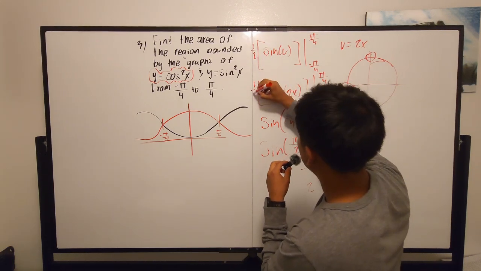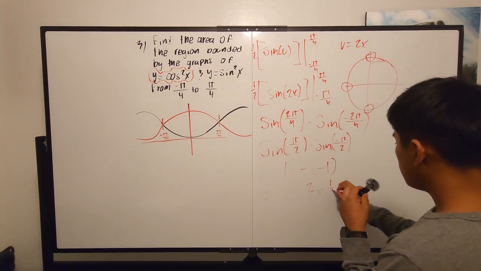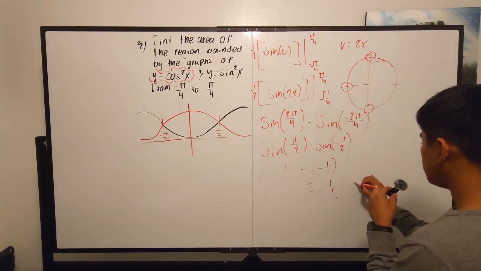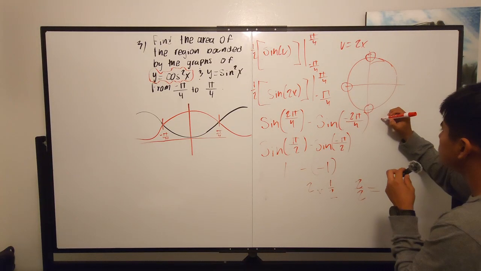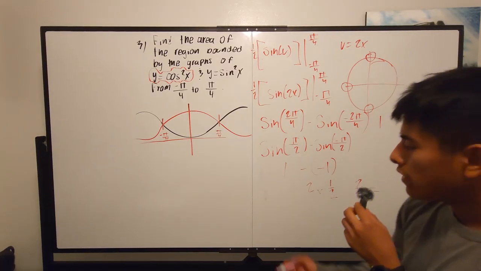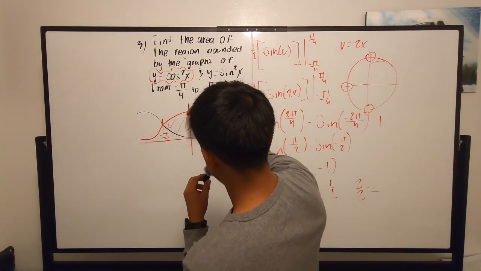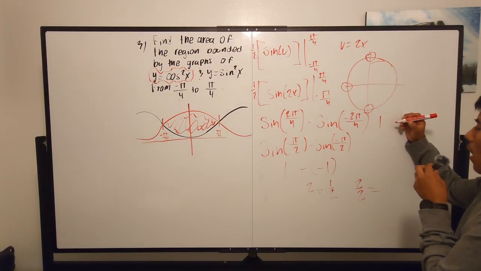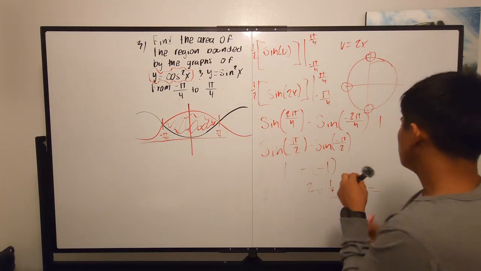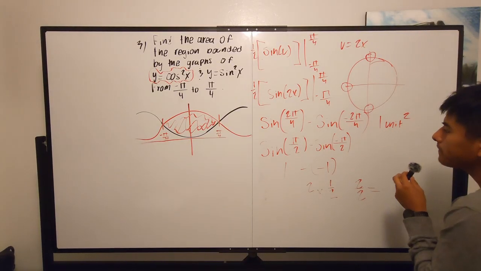So 2 times 1/2, or basically 2 divided by 2, will give you a final answer of 1. And since we are finding the region, again, I forgot to draw it over here, but it's this region right here. This region right here is equal to 1 unit squared.